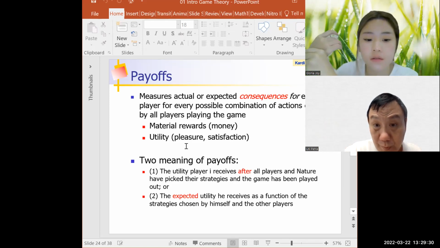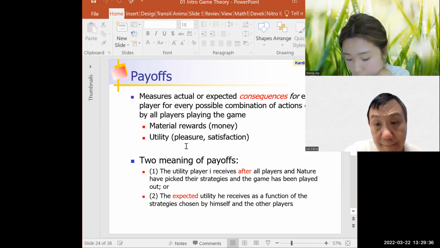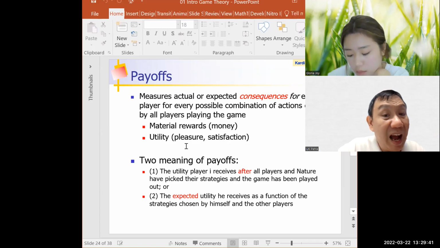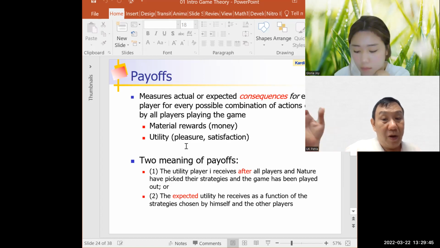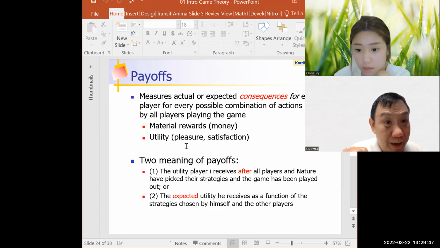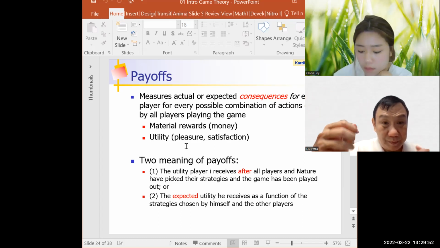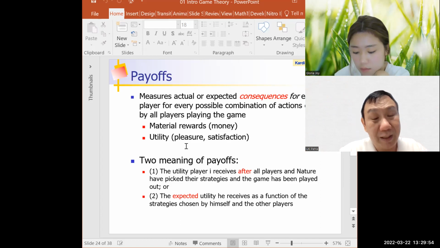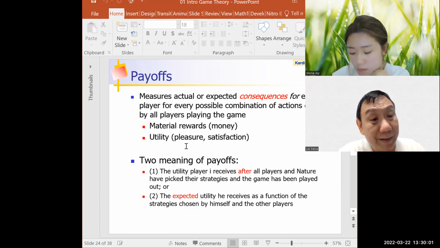There are two meanings of payoff. One is the utility that each player will receive after all players, or nature, have picked their strategy. This is the consequence after all players do some action. The second meaning is actually expected utility.